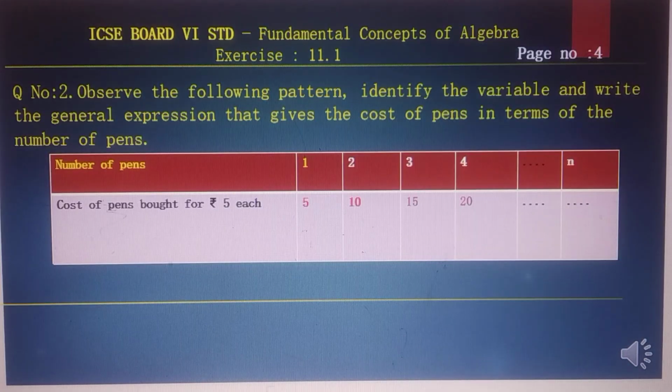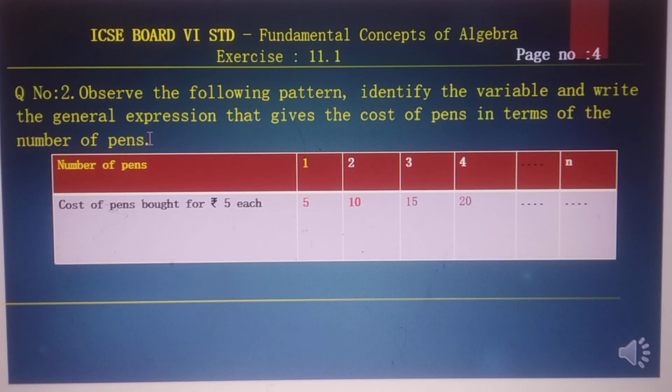Next, question number 2. Observe the following pattern. Identify the variable and write the general expression that gives the cost of pens in terms of the number of pens. Here the cost of a pen bought is rupees 5 each.